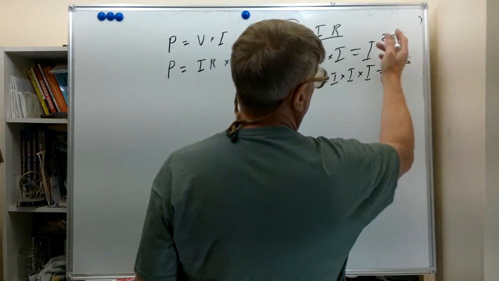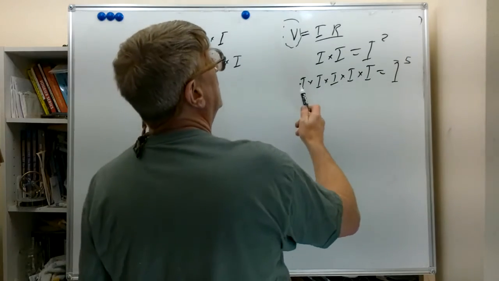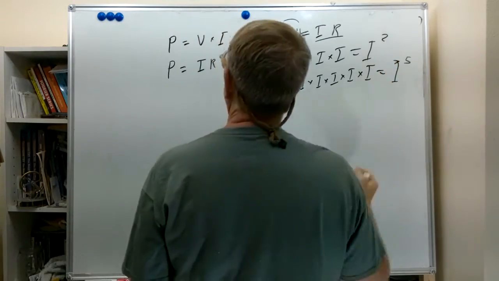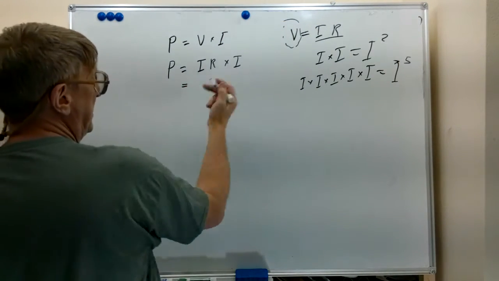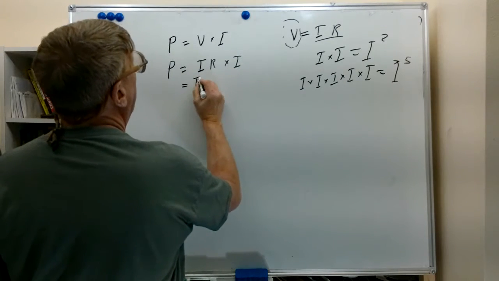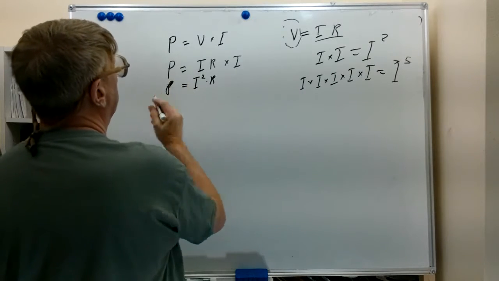So this exponent just tells you how many times the variable is multiplied by itself. So we can take this I and replace it with I squared. I squared times R. So power is equal to I squared times R.